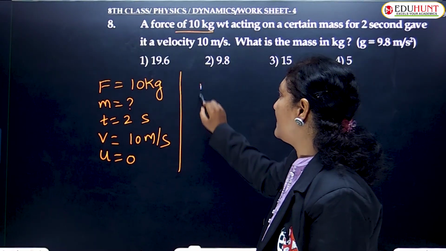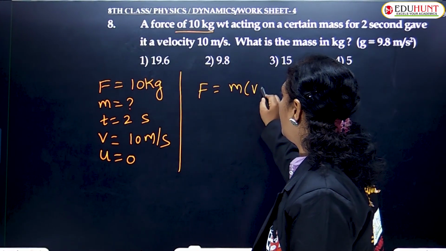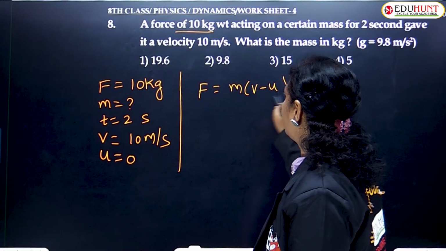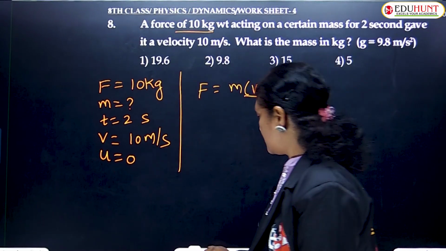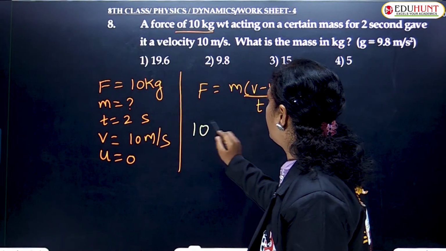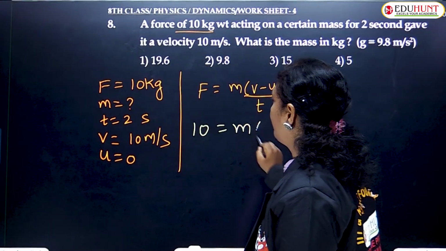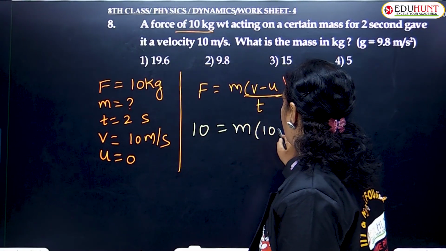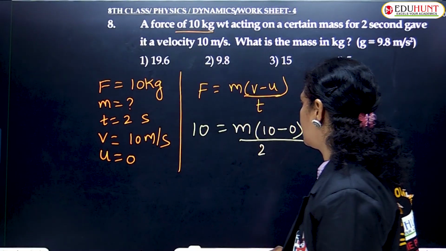F, M, T, V, U. What formula is based on that? F is equal to M into (V minus U) by T is the only formula that is known to you. So here substituting, F is written as 10 kg equals mass is unknown, velocity is 10, initially 0 and time was 2 seconds.